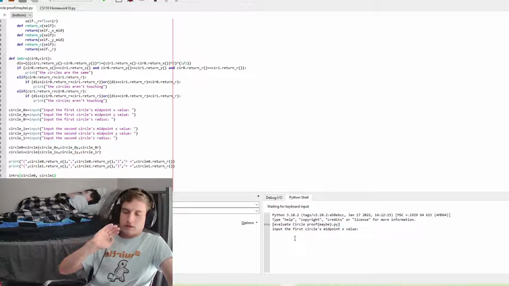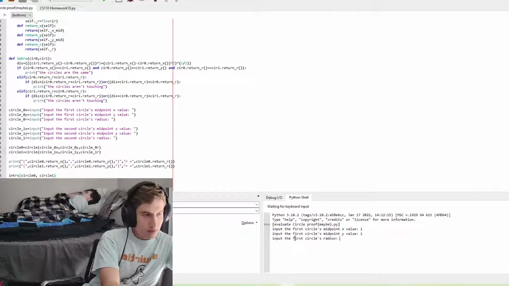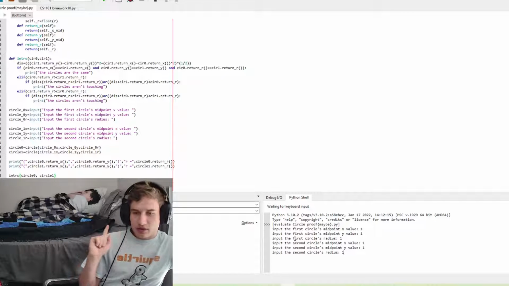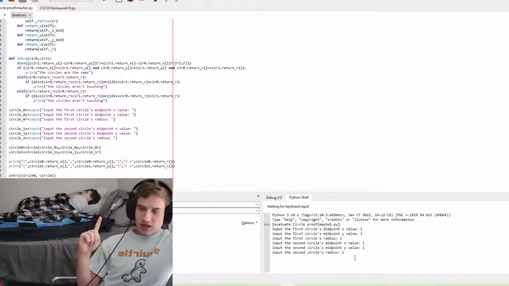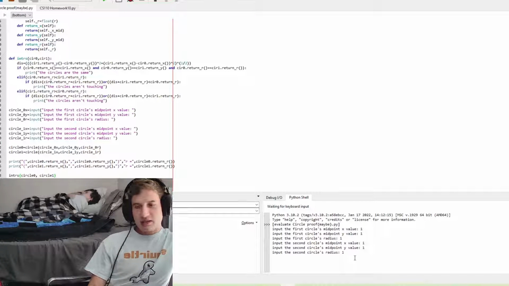So let's just do the same circle at 1, 1, 3, 3. If this works, then it should print out in this little bottom console: the circles are the same. If it doesn't work, which it might not, it might give me an error saying you can't use classes like that. Then that's annoying and I'm gonna change it.